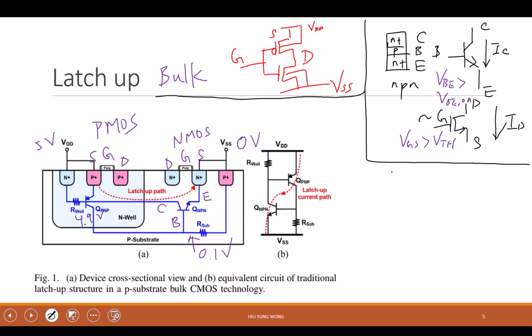If no, let's also learn its counterpart, which is PNP. So here you have the emitter, base, collector. It is something like this, right? The arrow is different. I don't expect you to memorize it.